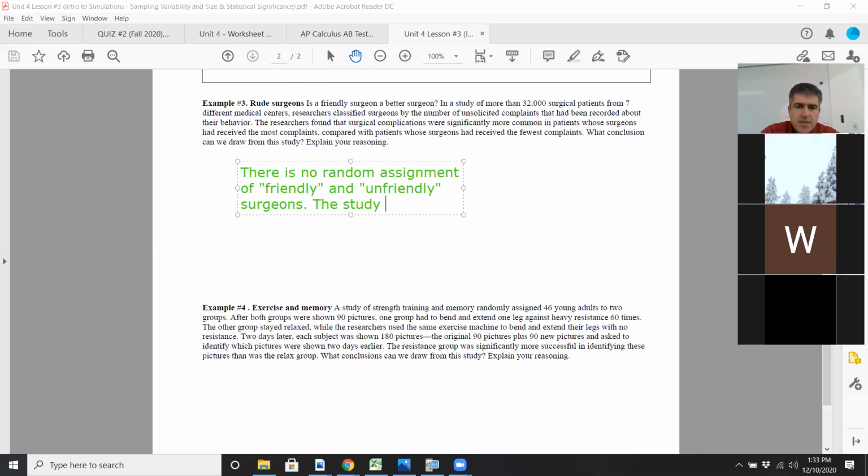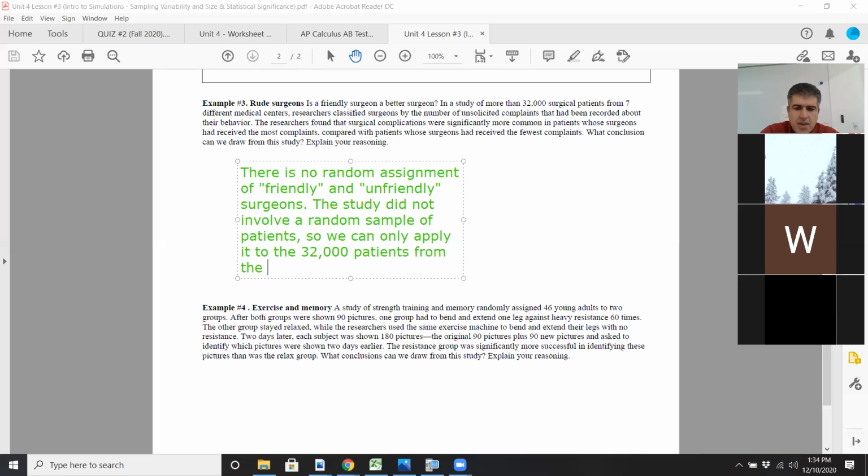Study did not involve a random sample of patients. So we can only apply it to the 32,000 patients from the 7 different medical centers.